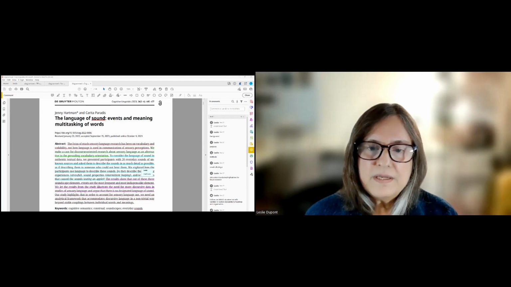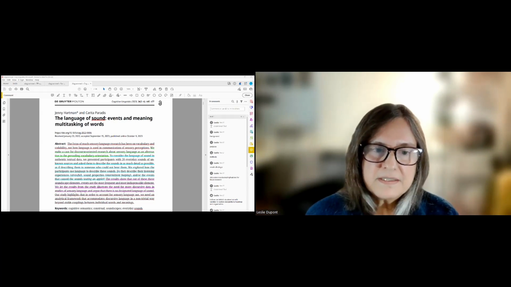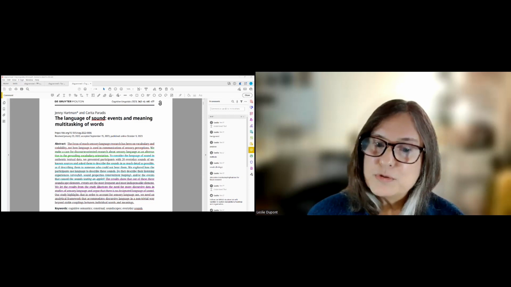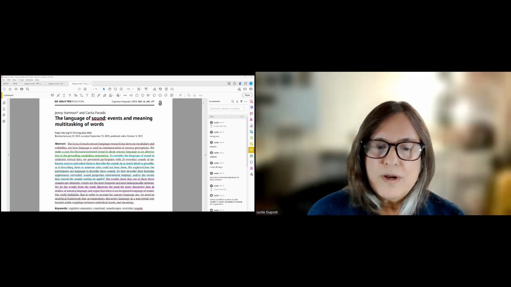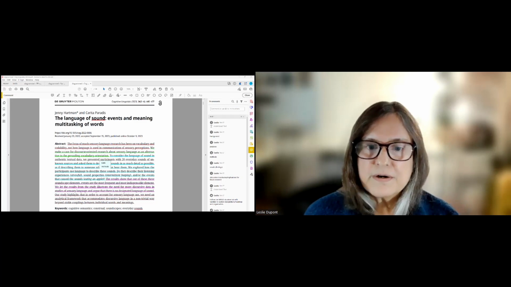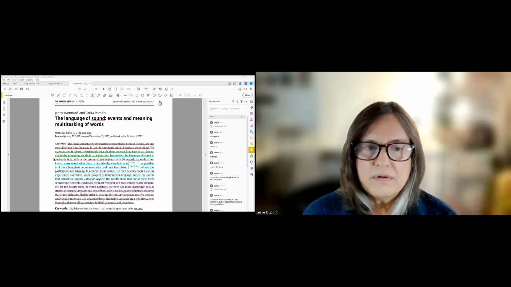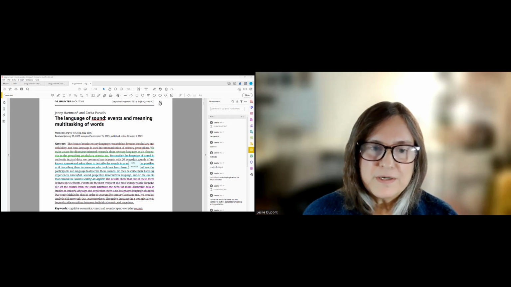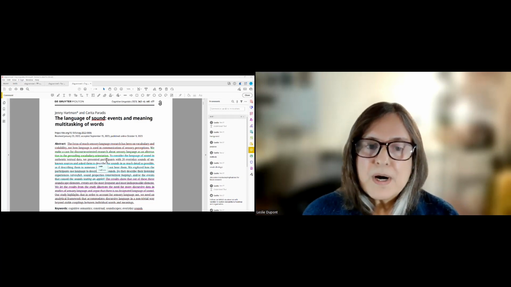They then go into methods, not necessarily saying our methods were, but what you do is you look for clues. So to consider this, in other words, to find out information, we presented participants.